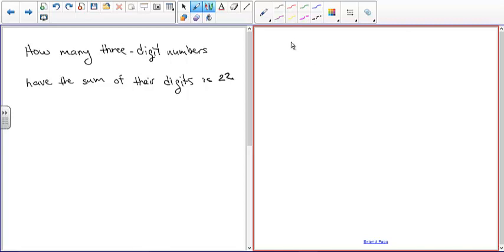So I'm going to start with 9, and so that's the first digit, and then I have 9 as the second digit. And the third digit is set. There's only one choice here. 9 plus 9 is 18, so 4 would be the final digit so that this is satisfied.